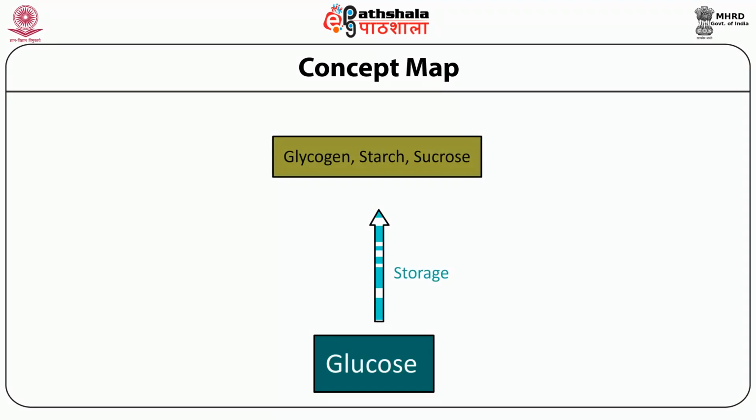This diagram shows the concept map of how glucose is stored in the form of glycogen. Looking at the figure, it is clear that glycogen, starch, and sucrose, which are the various forms of storage of carbon, are formed from glucose.